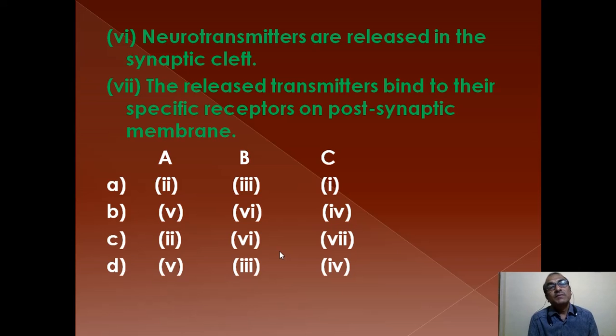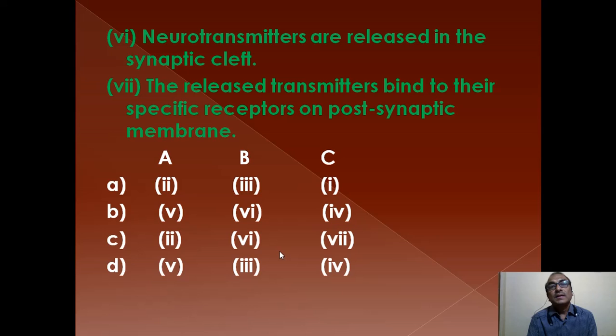So many steps are given here, but only 3 steps are mentioned in the options there, A, B, C. And we have seen in the diagram A, B, and C. A, we know that it is the synaptic vesicle. B, the chemical neurotransmitter.